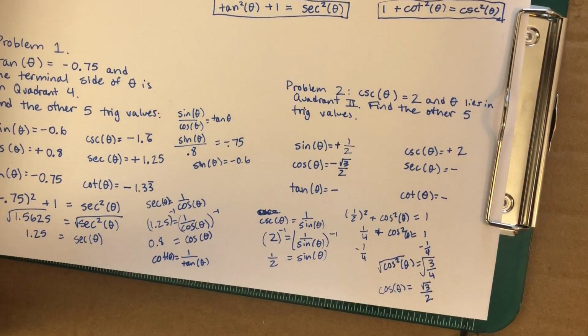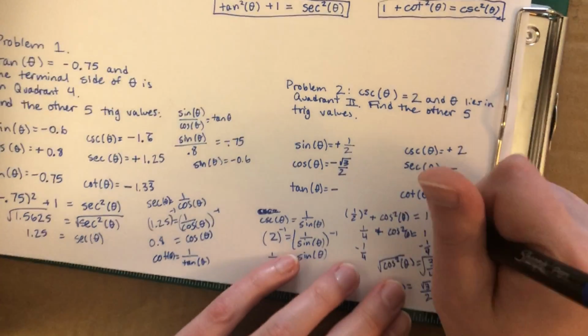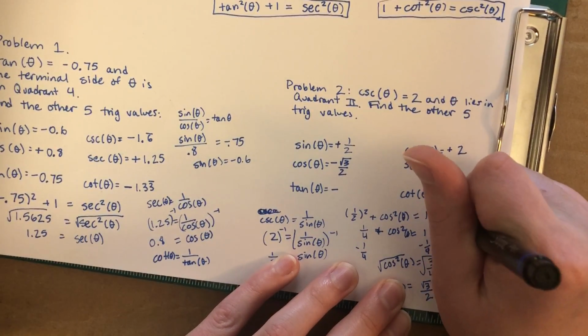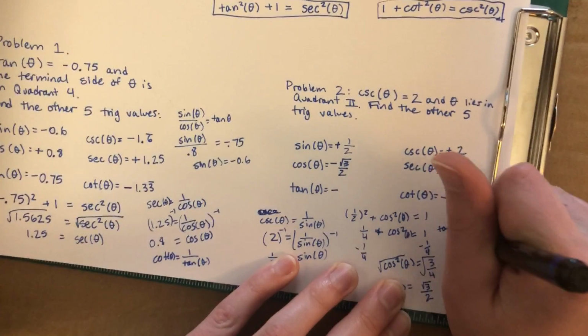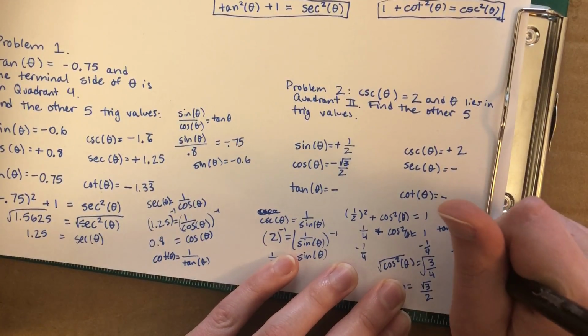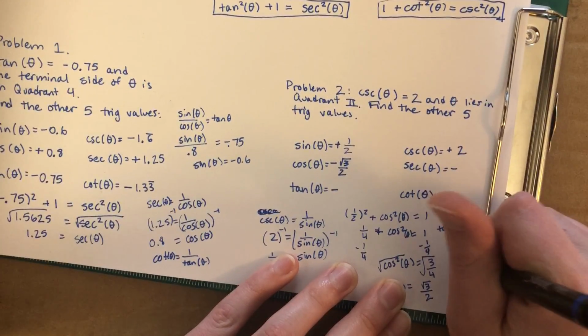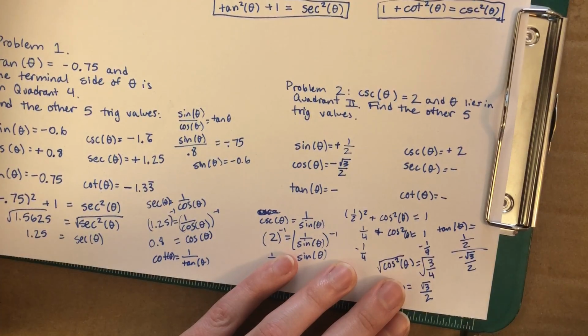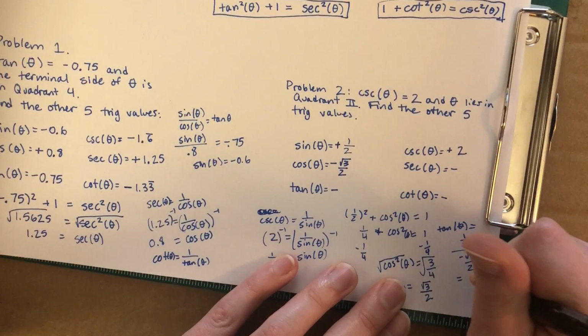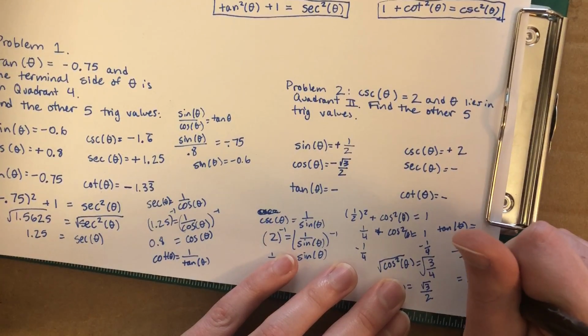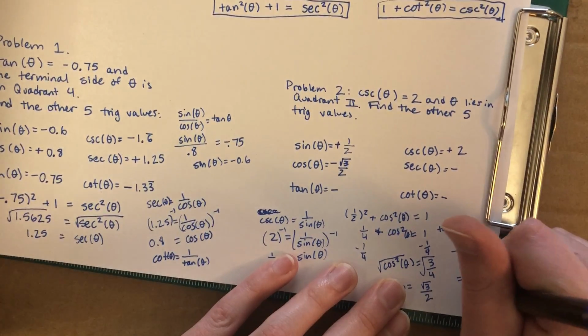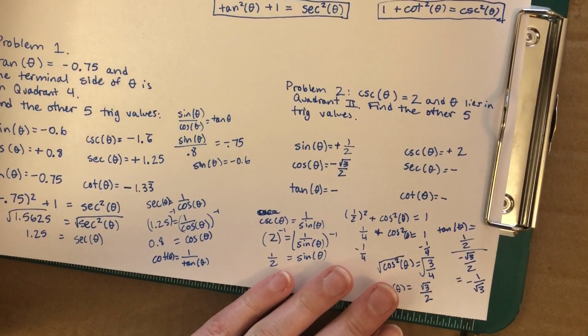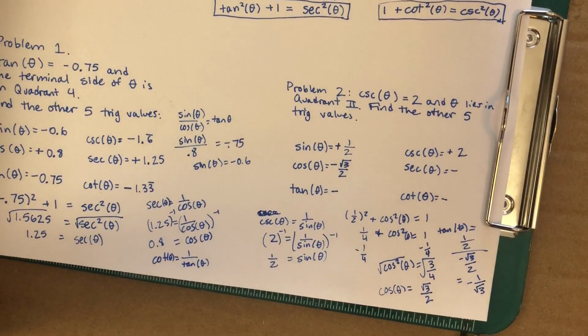Okay? Now tangent is sine over cosine. So tangent would be 1/2 over negative square root 3 over 2, which ends up just being negative 1 over square root of 3, or if you wanted to rationalize the denominator, you could write it as a square root of 3 over 3.